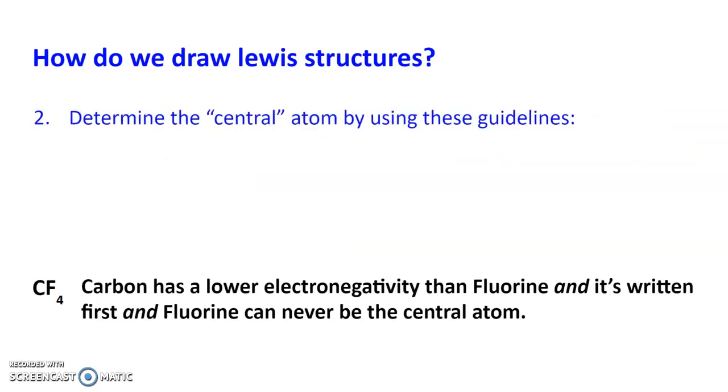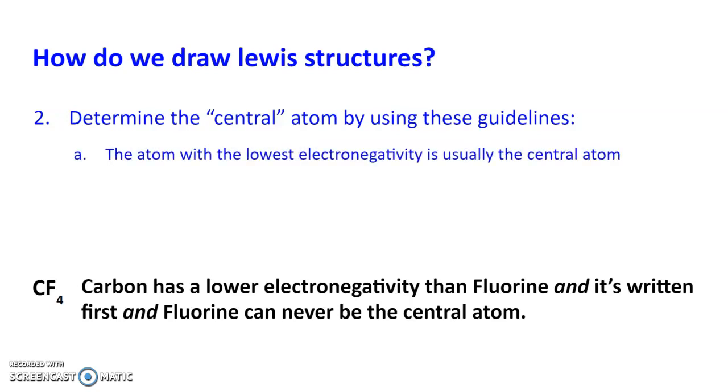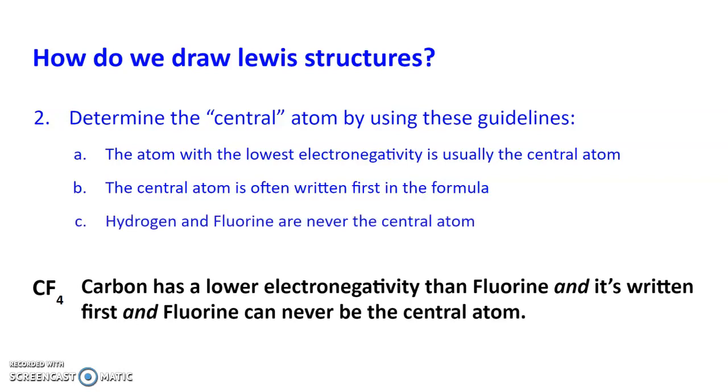we need to determine which atom is the central atom using the following guidelines. The atom with the lowest electronegativity is the central atom, almost always. The central atom is often written first in the formula. And the last thing to keep in mind is that hydrogen and fluorine are never, ever the central atom, ever.